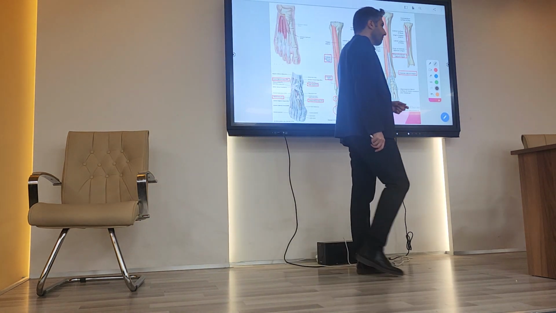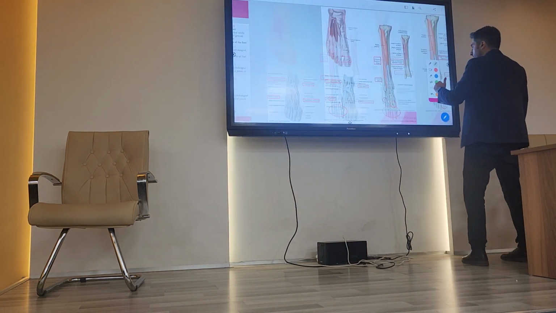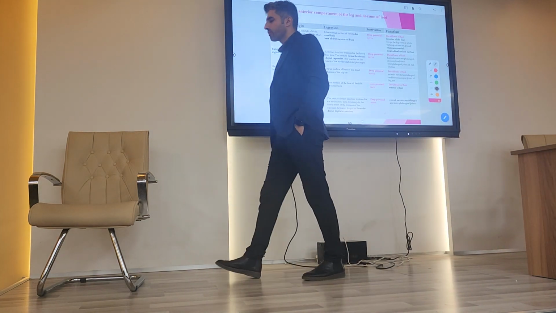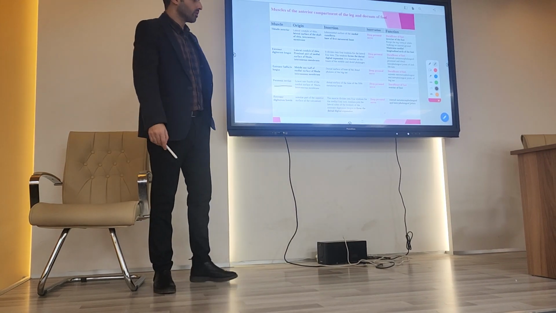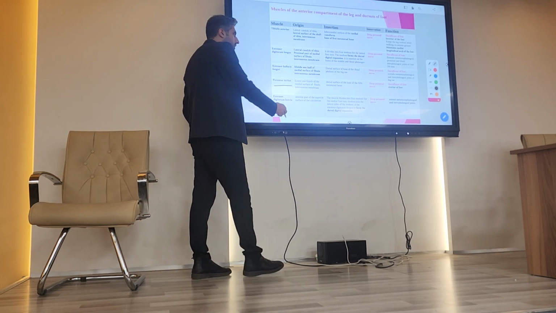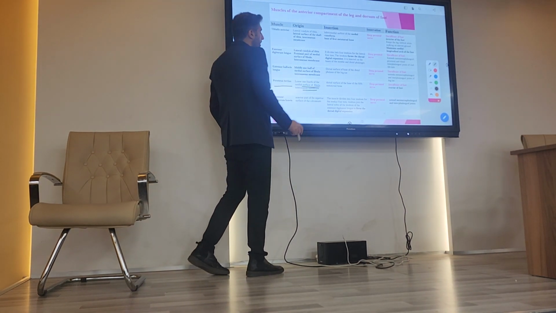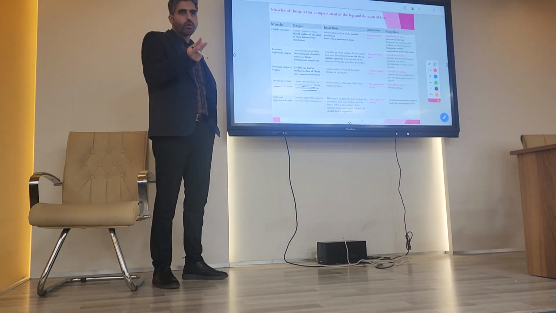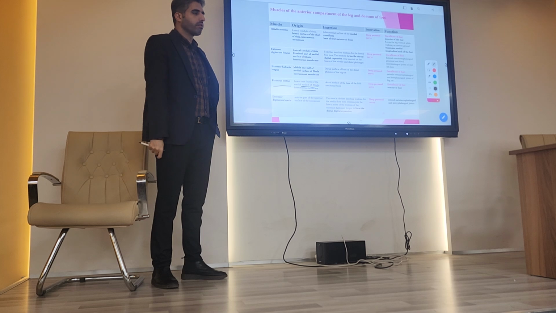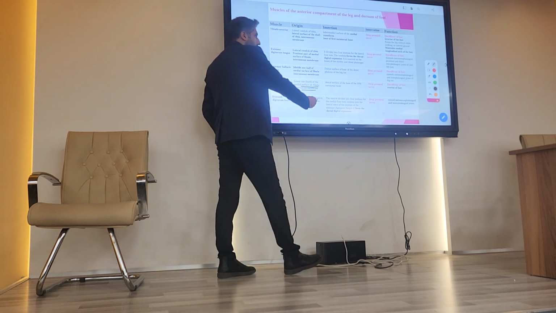Finally, peroneus tertius, or you can say fibularis tertius. Look at the origin. Again it starts from the fibula and interosseous membrane, but the lower one quarter. It attaches to the base of the 5th metatarsal bone.